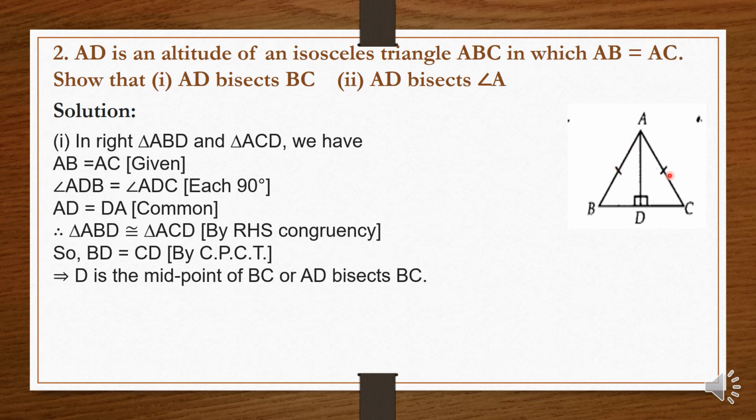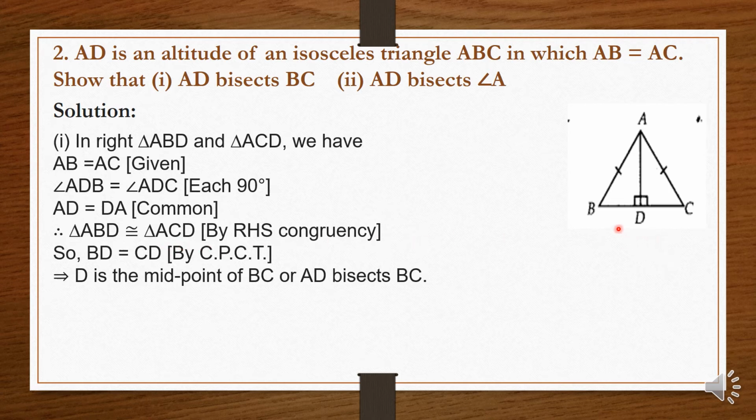So, the hypotenuses are also equal and any other side, so AD here is equal. So, we can use the right angle, hypotenuse and side congruency rule, that is the RHS congruency rule.